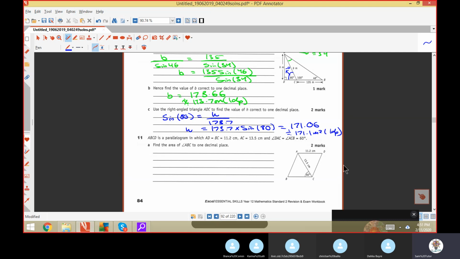The C goes on the opposite side. So every time you use my capital V method, C is always the opposite side.